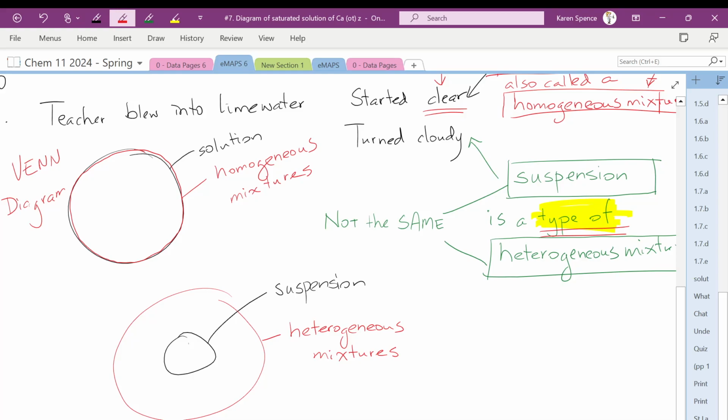Is there a word that means the same as heterogeneous mixture? Mechanical. Mechanical mixture. Okay, so this one is also called a mechanical mixture. So if we wanted to add that to our little Venn diagram over here, the mechanical mixture and the heterogeneous mixture would be the same circle. Okay?